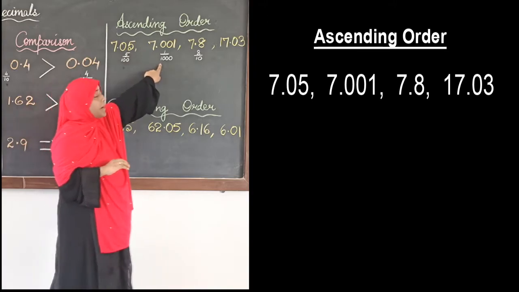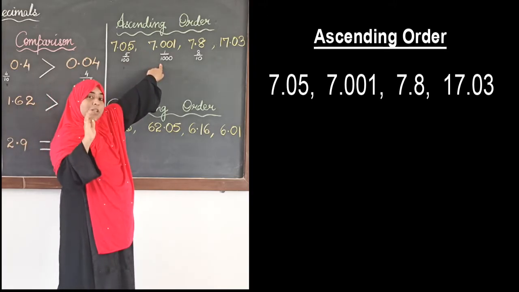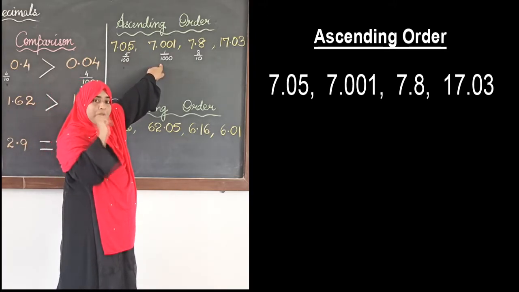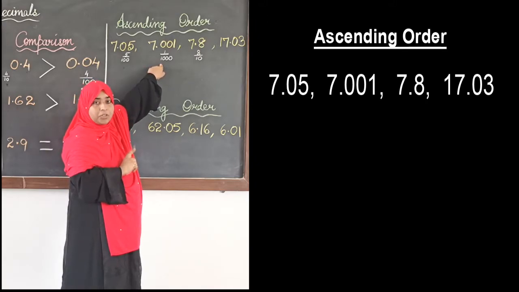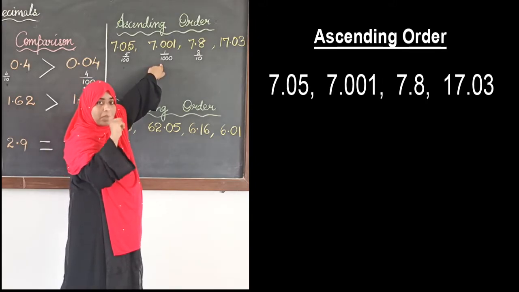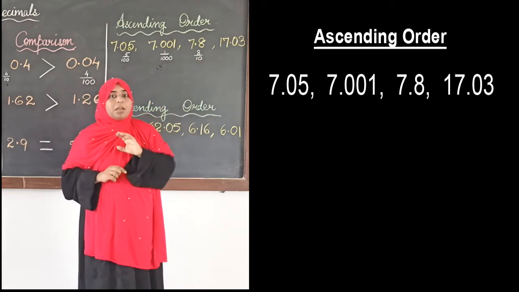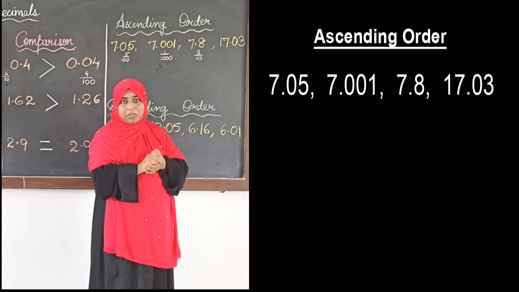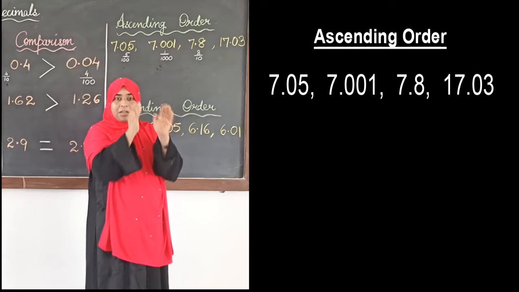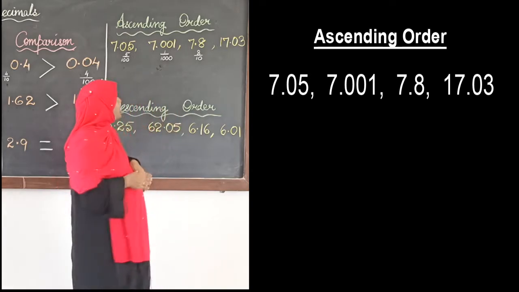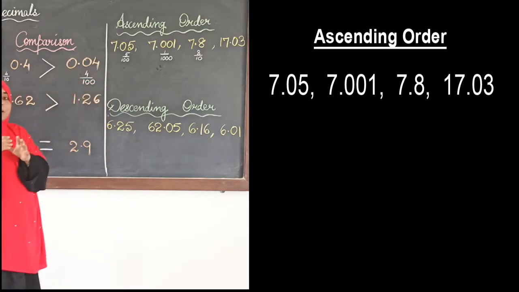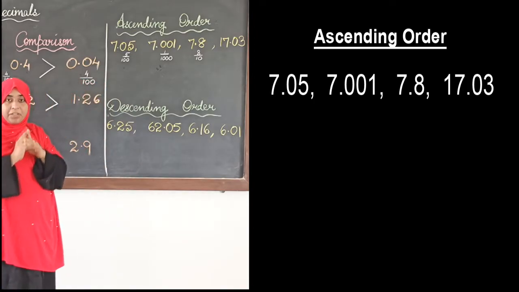Here 1000 parts are made, so small parts, and just one part is selected. Here 10 parts are made and from 10, 8 parts are selected. Just imagine the same apple, 100 parts, 10 parts and 1000 parts. You can imagine the size of each piece.